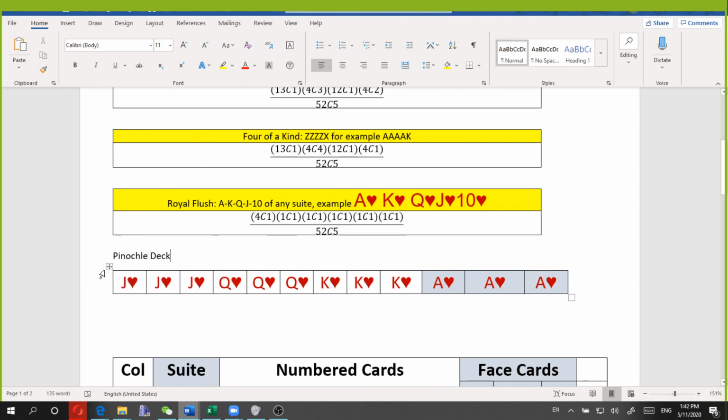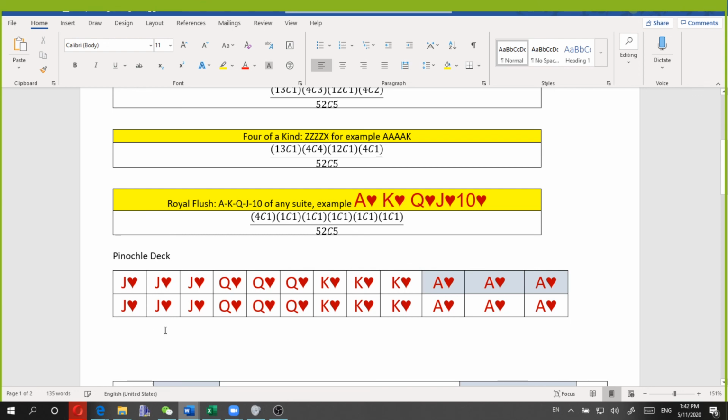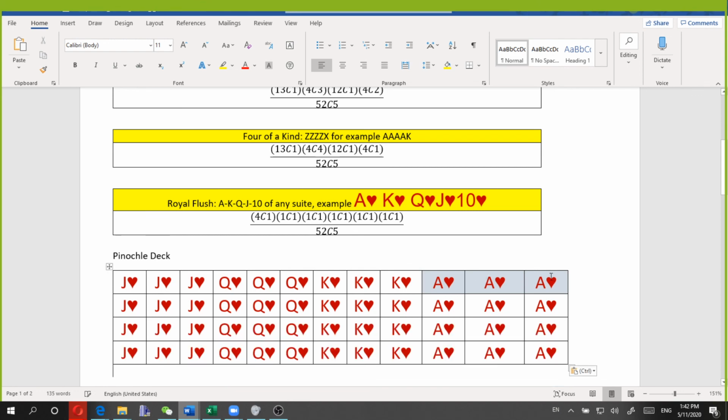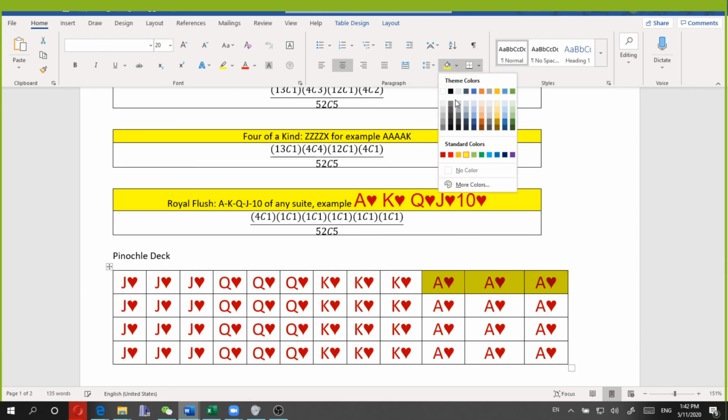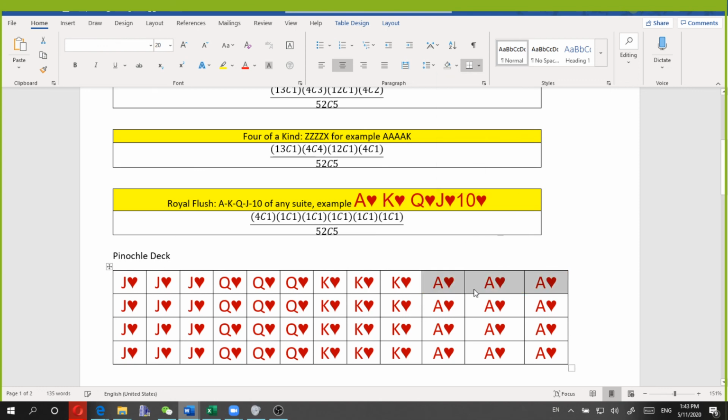A Pinnacle Deck is typically sold as a deck of 48 cards, which looks like this.